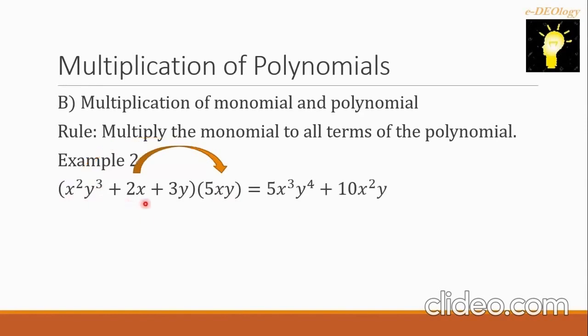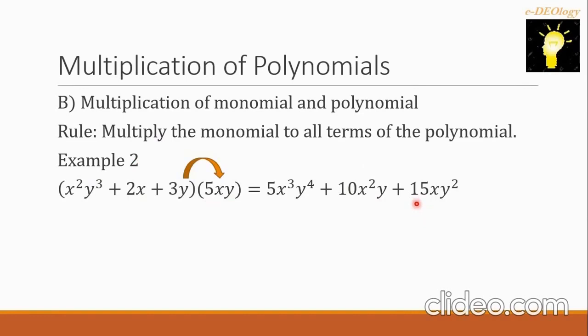Next is the 2x multiplied to the 5xy. The numbers become 10. 2 times 5 is 10. For the x and x becomes x squared. The y, there is no y in the term here, so we'll just copy the y in the product. So 10x squared y. The next is the 3y multiplied to the 5xy.